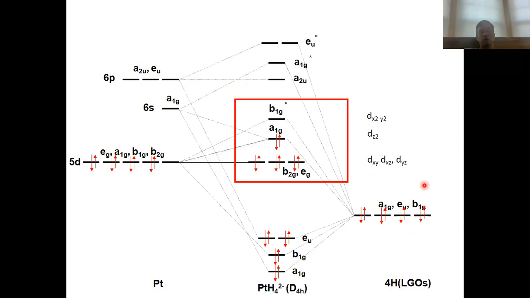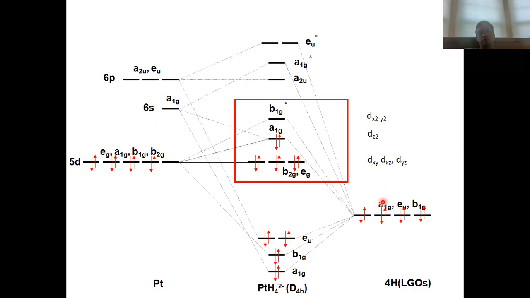Okay, so now we can, for instance, start with the A1g orbitals. The 6s has A1g symmetry. We find that one of the 5d orbitals also has A1g symmetry. Now you see that one ligand group orbital has A1g symmetry as well.